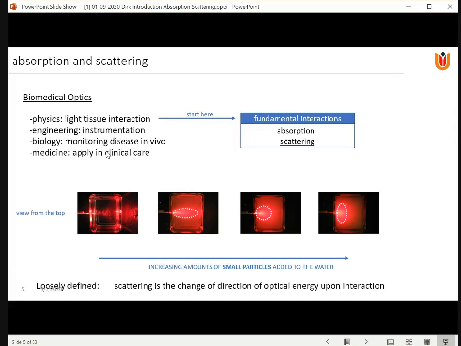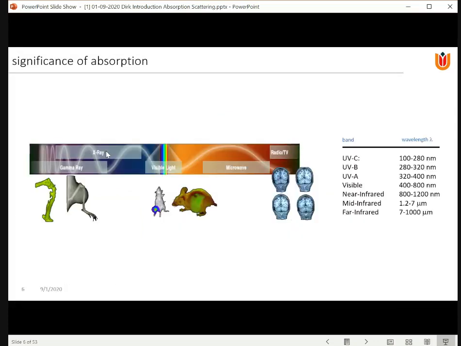It is the change of direction of optical energy. There is some interaction between the light and the particles in the medium, which causes the light to change direction. So these are the two. Now you have two very loose definitions of absorption and scattering. So let's go on with that.